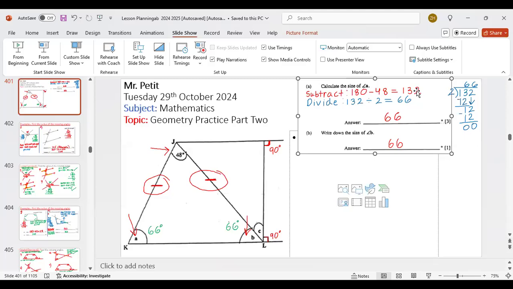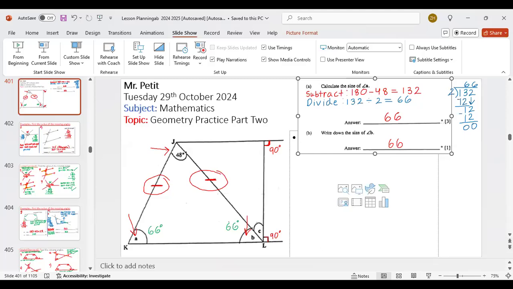Now we have to take 132 and share it between A and B. That's why we divide 132 by 2, such that A is 66 and B is 66. That makes sense? Yes, sir. Okay, good. All right, let's move on to the next question.